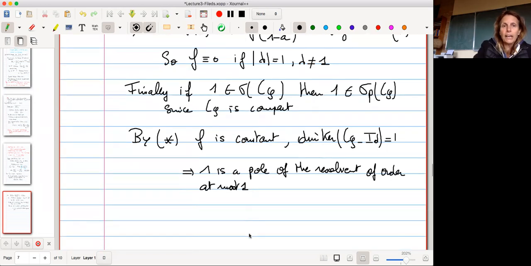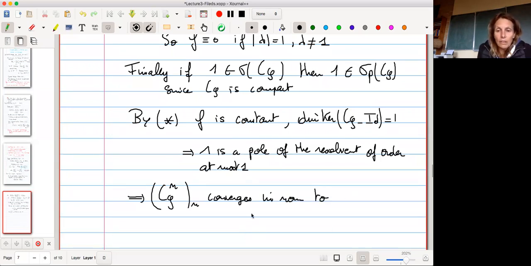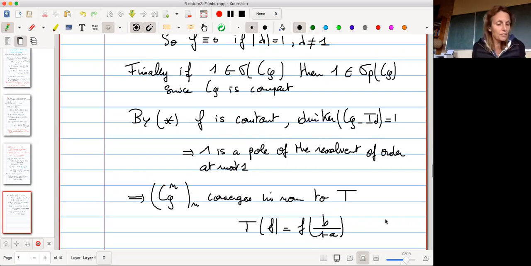Okay, and then we apply Nagel's theorem we have seen yesterday, and it happens that C phi n converges in norm to a rank 1 operator T defined by Tf equal f evaluated at b over 1 minus a times 1, the constant function 1.